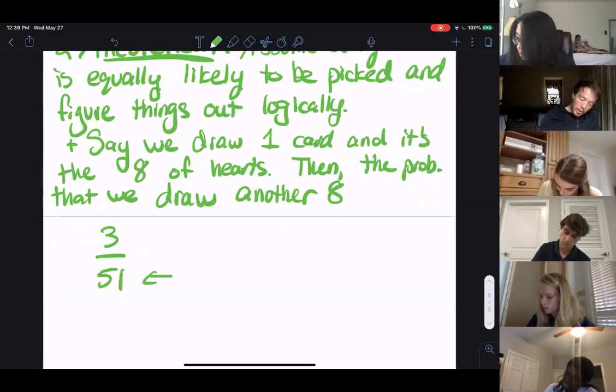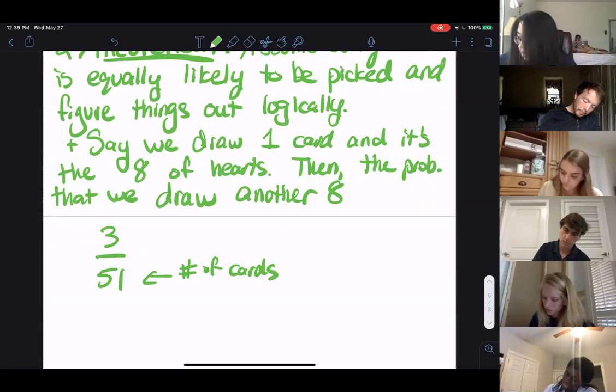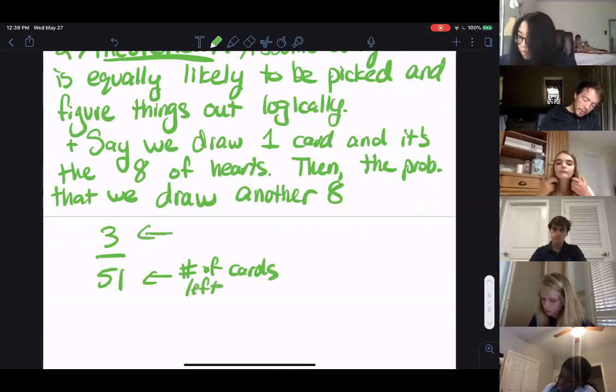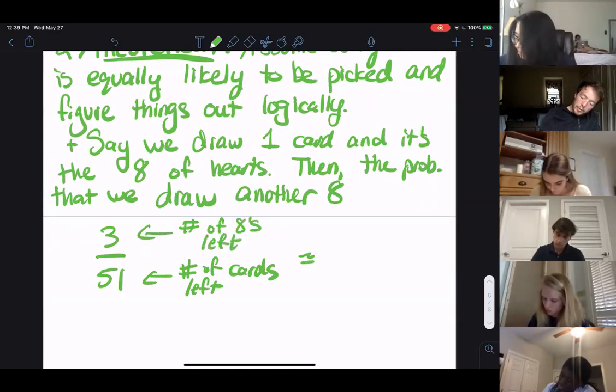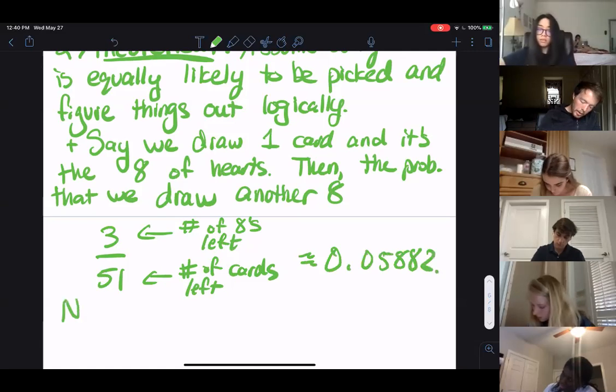So this is the number of cards left in the deck after taking out the 8. And this is the number of 8s left. And this is approximately 0.05882.